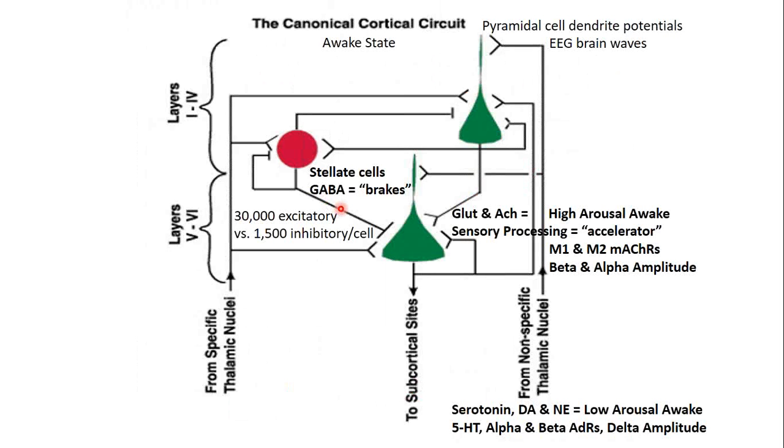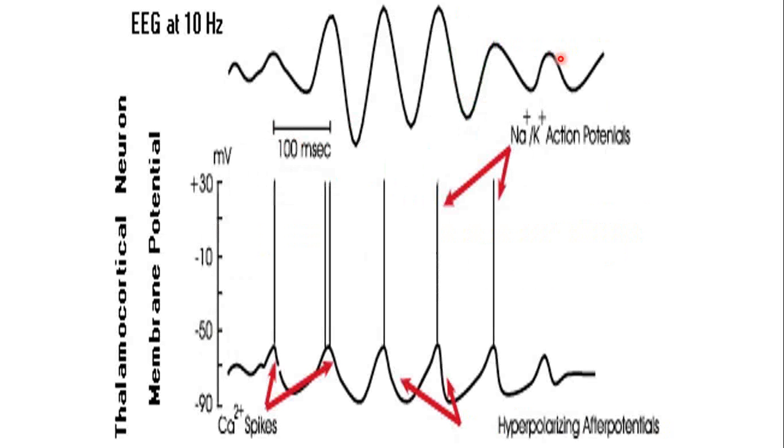Remember in the previous slide, we said down here we have subcortical, meaning thalamus and brainstem, creating the wind, if you will, for the waves up here. So now we have the EEG, which are our waves, and down here, this is showing you what's happening in the areas that are producing the wind.